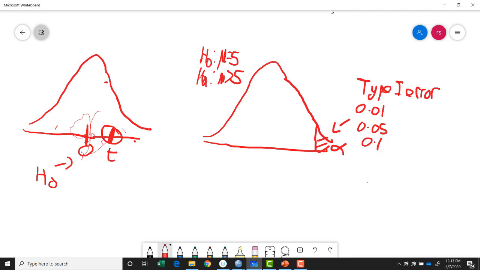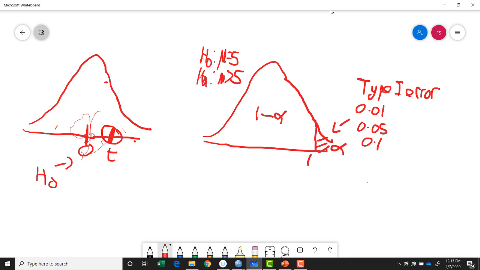And basically, with the type 1 error, this is like how strict our test is. The smaller the type 1 error, we've got to go much, much further in order to reject the null hypothesis. So this is just an area in the curve. And the rest of this is going to be 1 minus the type 1 error.